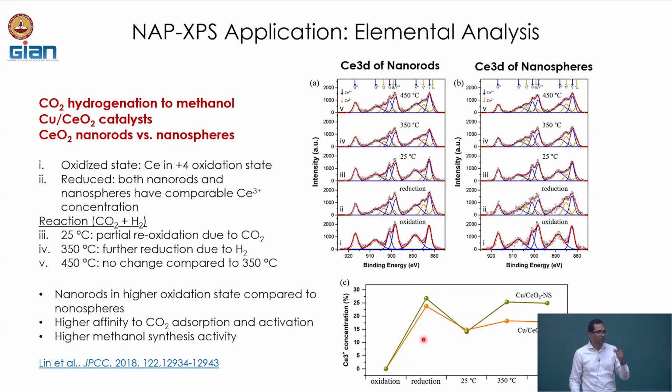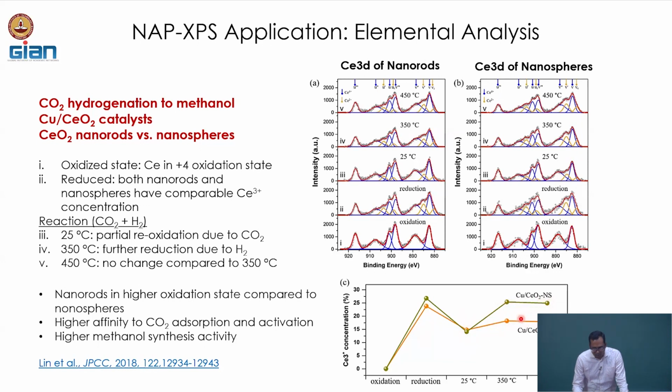With increasing temperature, because hydrogen is present, it re-reduces the material which was partially oxidized by the mild oxidant CO2. And under such conditions, what we are seeing is that the nanospheres reduce more compared to the nanorods.